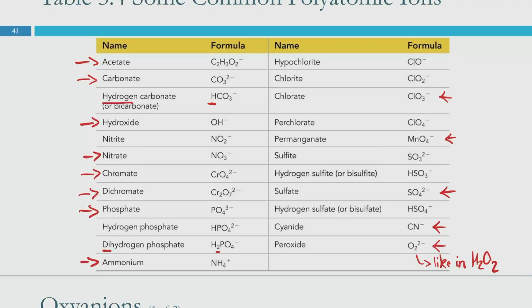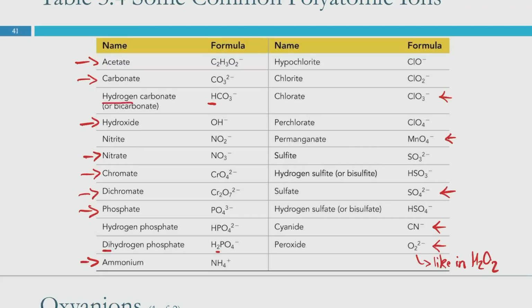The ones that I didn't write arrows next to, we can learn a system for coming up with those names. And for a lot of these, they're on your green sheet. So on one of the sides of the green sheet that I passed out, if you need one, I have more. We've got a bunch of oxyanions at the top.